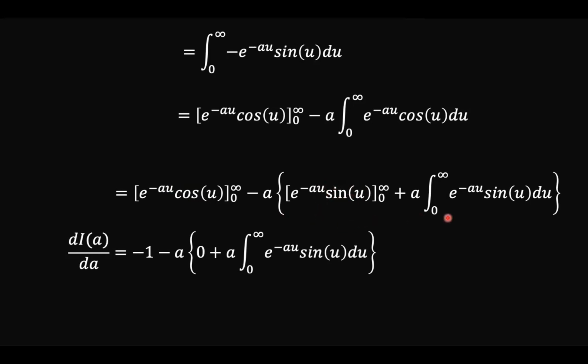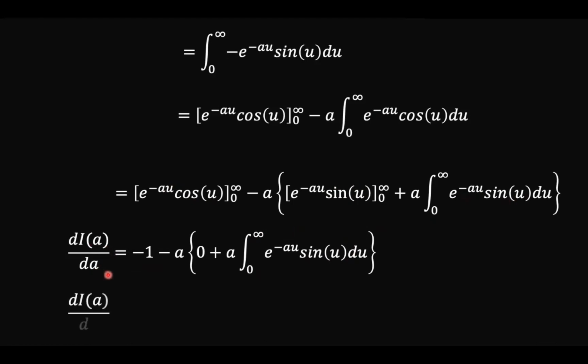Plus, again, we have another level of integration by parts. So we have a times e to the power negative au sine u du. This part here is very similar to the I(a) derivative.